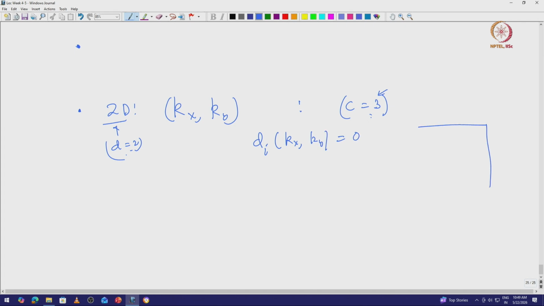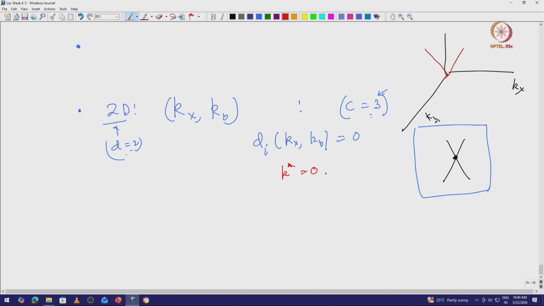So, that is why in the 2D case, we will give you some point where the band degeneracy is happening, and let us say the band degeneracy is happening at the gamma point, this K star equal to 0.